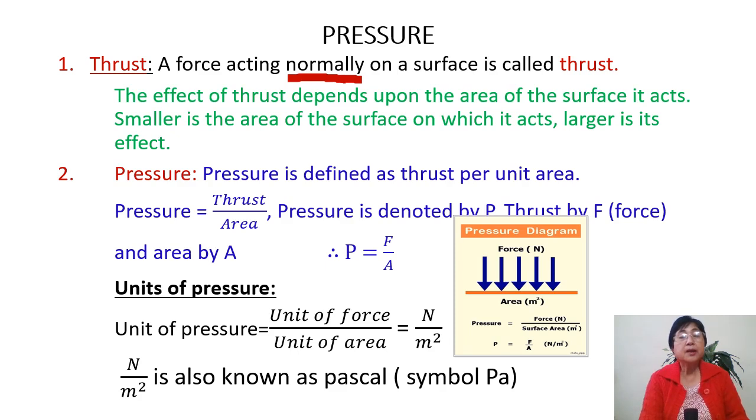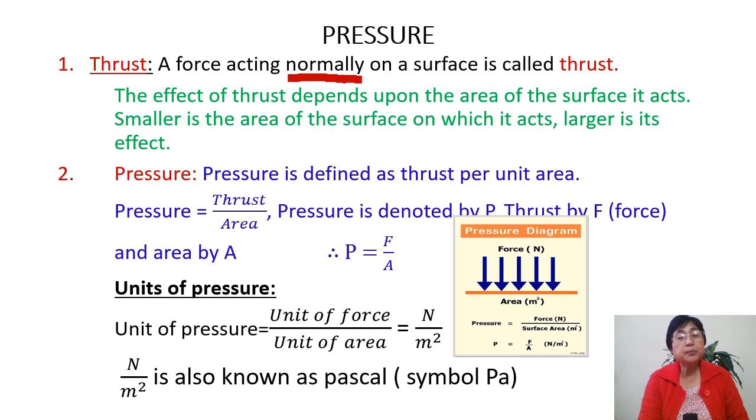Then we go to the unit of pressure. Now, the unit of pressure will be the unit of force divided by the unit of area. So, the SI unit of force is Newton, and the SI unit of area is meter square. Hence, we have the unit of pressure as Newton per meter square.